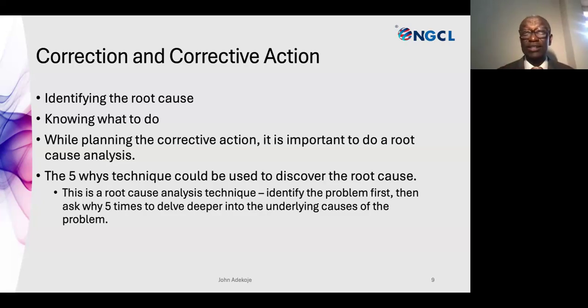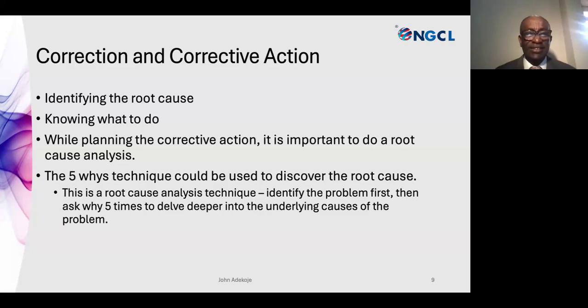What is also important is for us to know what to do. Yes, when a non-conformity has been issued, you look at it. Usually, the auditee, or the person, department or process where that failure has been identified, must know what to do.